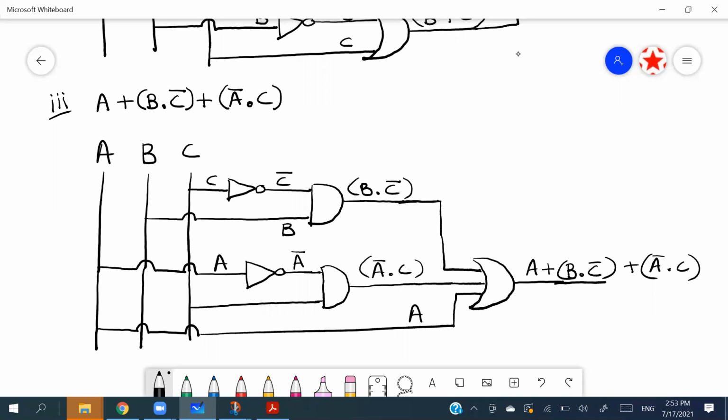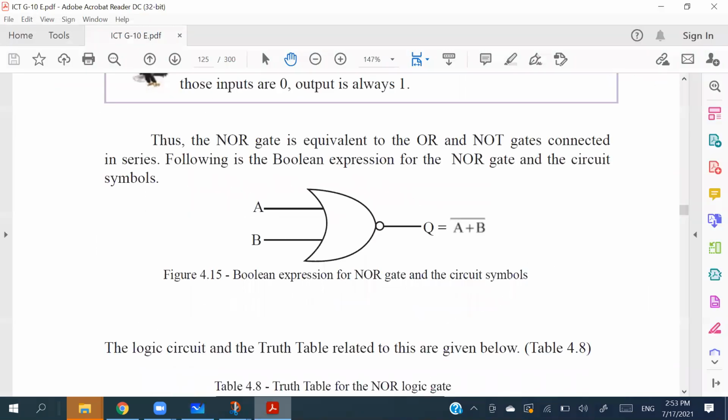Right. Can we move on, everyone? Is there anyone still copying this? Okay, good. Let's move to the next part.